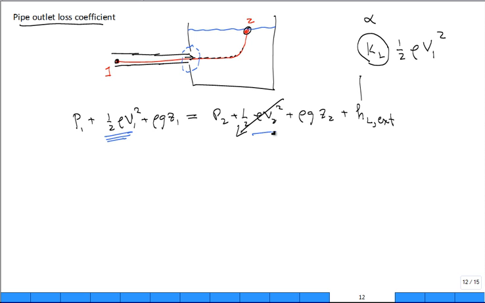Over here there's no kinetic energy. But if you want, you put in the alpha, or let alpha be 1, so the loss coefficient is equal to 1 for the exit. Make sense? So, I guess just put it in. It's not that big of a deal.